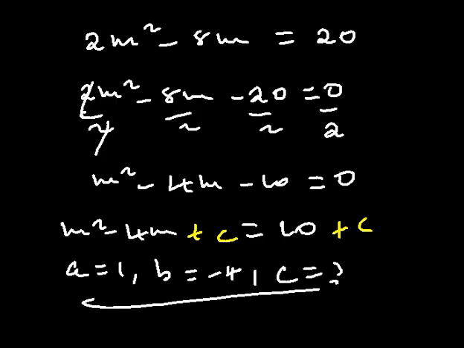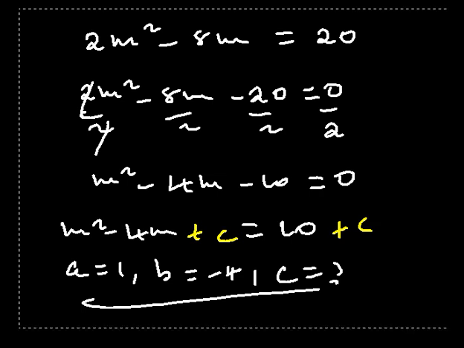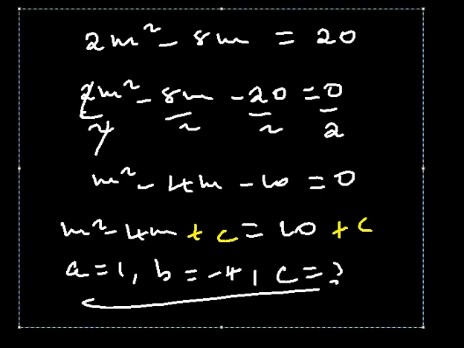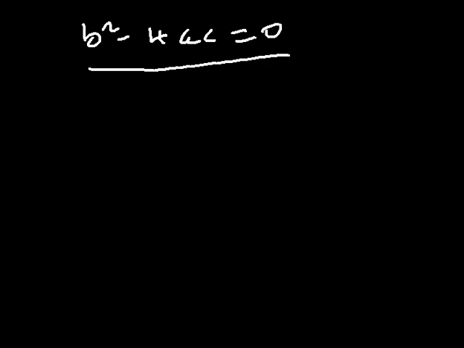And I try to solve for m using that method. There's something you need to understand: b squared minus 4ac is equal to 0. This is the discriminant being given as 0 if it is a perfect square. But now, what happens if we are to solve for c, and the value of a is 1?